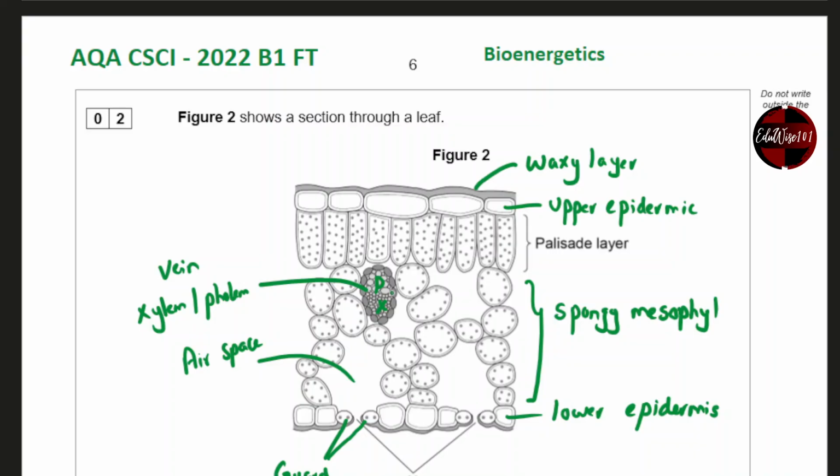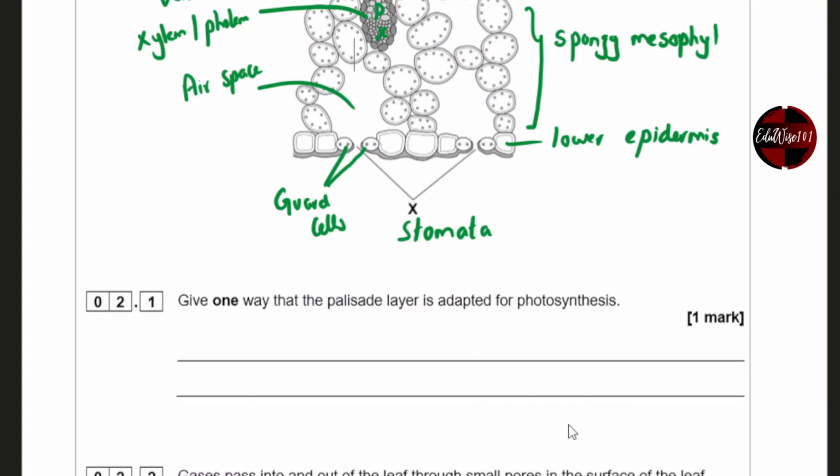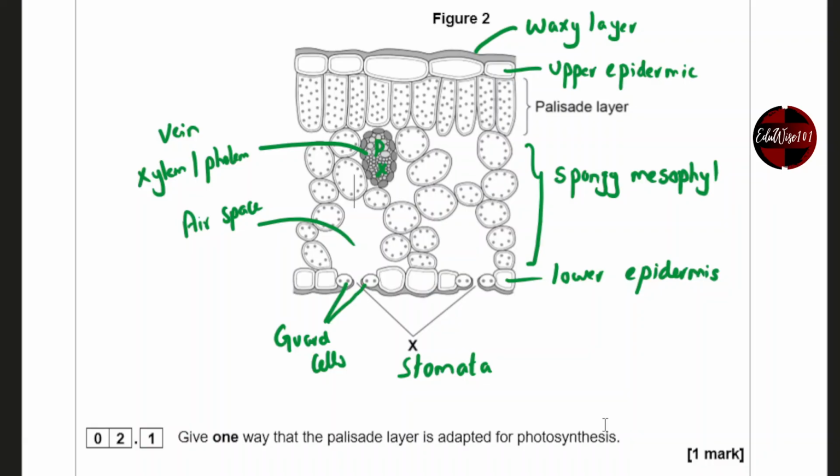Okay, let's have a look at the questions properly. Give one way that the palisade layer is adapted for photosynthesis. Now, how is it adapted for photosynthesis? The palisade layer, all of these dots, is basically chloroplast. Compared to the cells in the spongy mesophyll, the palisade layer has a lot of chloroplast. Why?